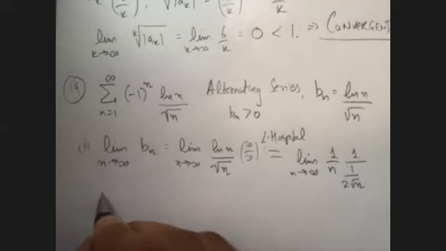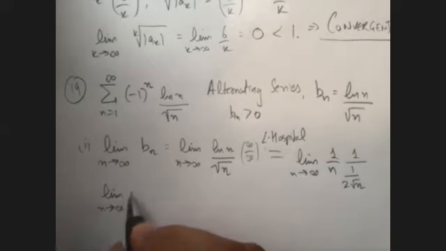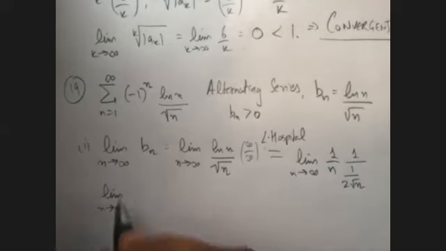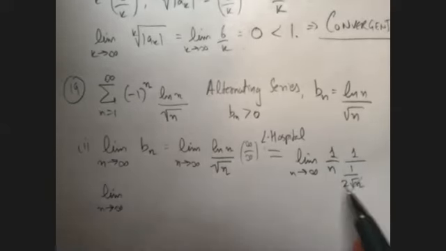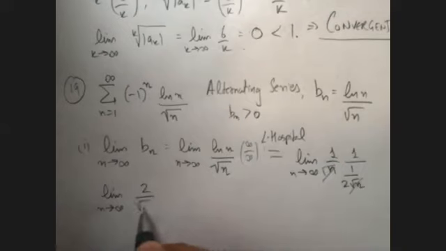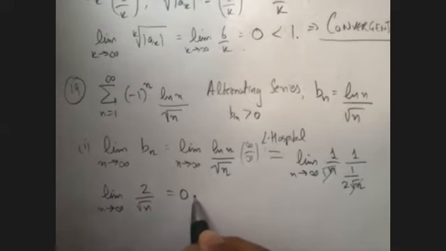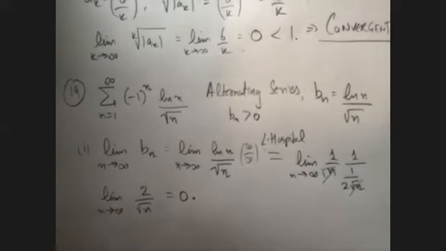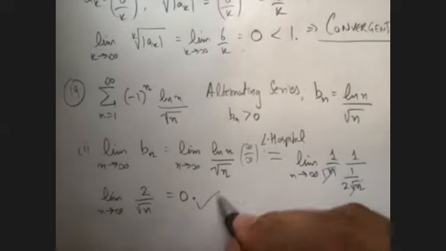So we get the limit as n tends to infinity. There's a cancellation here: 2 over radical n, which is 0. So the first condition is satisfied.